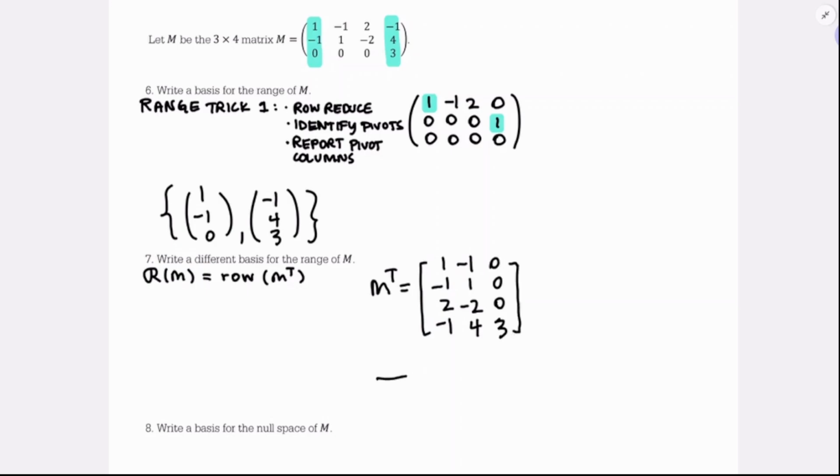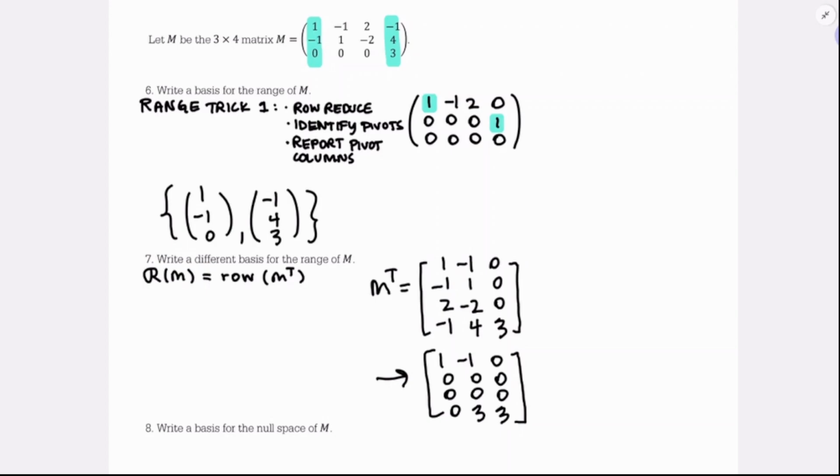All right, so if I'm going to reduce this and find the non-zero rows in reduced row echelon form, first thing is add the first row to the second row. That brings me a row of zeros. Then maybe I will subtract 2 of row 1 from row 3, and that's going to give me another row of zeros. Maybe I'll add row 1 to row 3, and I'll get 0, 3, 3.